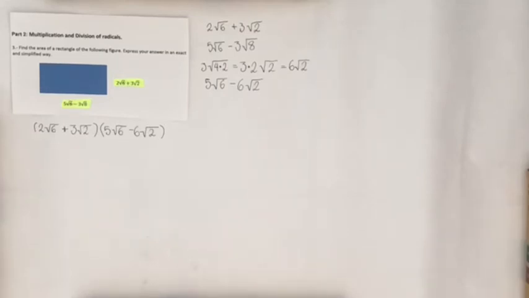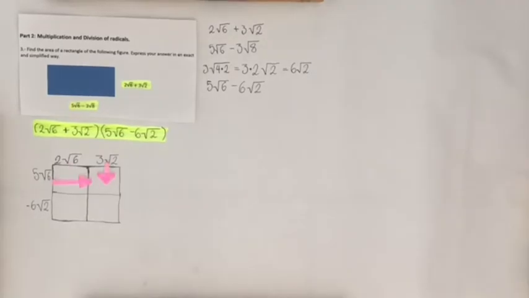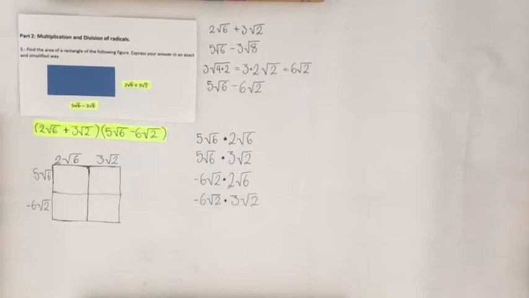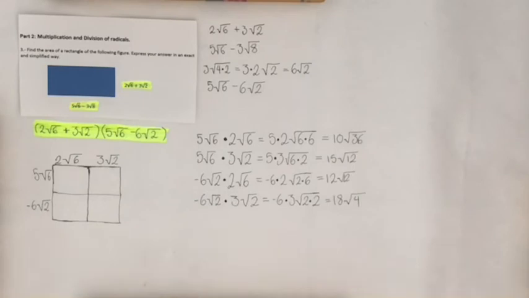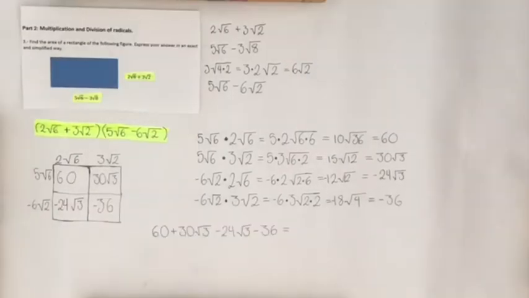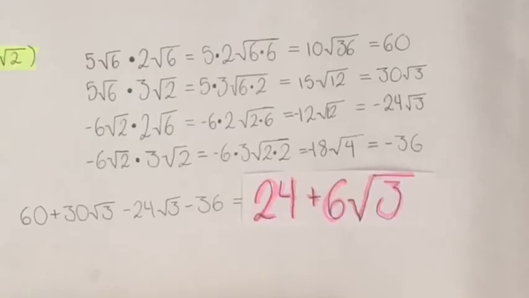To do this, I usually use a square, placing one of the operations on the top and one on the side, and then multiplying as shown with the arrows. You'll obtain the following combinations. You now multiply what's outside the radical and what's inside of the radical as shown. Once you have the results, you simplify them. Then you add them up and obtain the final result, which is 24 plus 6 square root of 3.